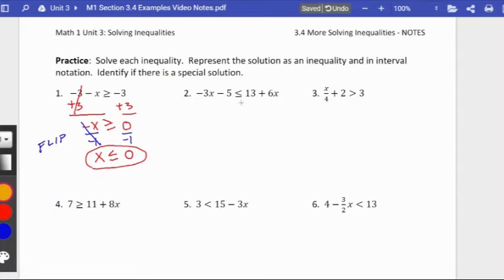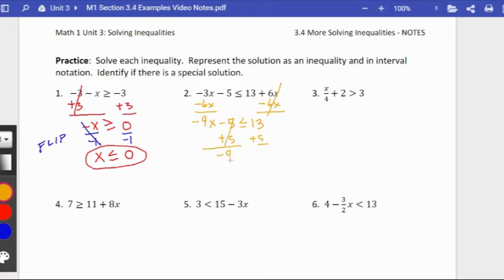All right, the next one, I have variables on both sides. I like my variables to be on the left-hand side. Now I can see here that I'm going to create a negative coefficient, but that's okay. I'd rather have my variable on the left and worry about the negative coefficient in a minute. So I'm going to bring down that -5, leave the sign as is. Okay, let's keep going. I'm going to add 5 to both sides.